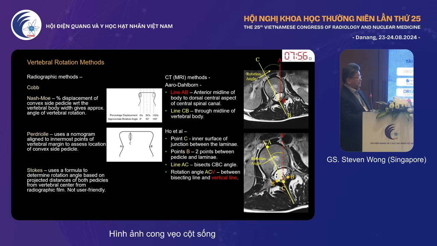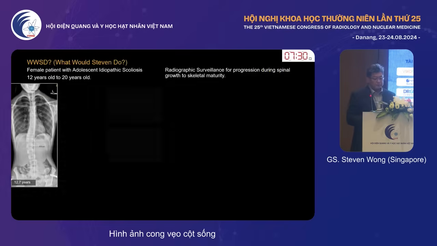I like the Aaro-Dahlborn method because it's the simplest. And it's just basically an angle between the midline and the central vertical line here, right? And you just measure the angle there, right? The Ho et al. is a little bit more difficult and a little more tedious, but is more accurate because it takes into account the orientation of the lamina at the back.